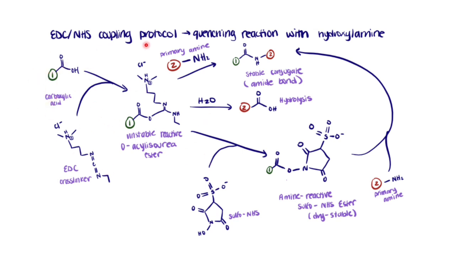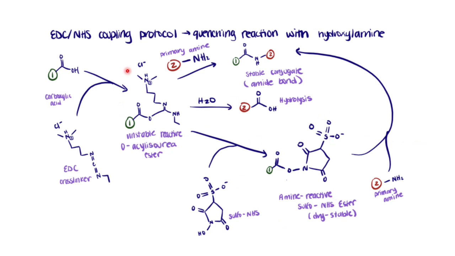Or it can also be reacted with another chemical called sulfo NHS. So in EDC NHS, EDC you will use to activate the carboxylic acid, and you will use a second chemical called NHS. This NHS will replace the EDC, and it will form an amine reactive sulfo NHS ester molecule.